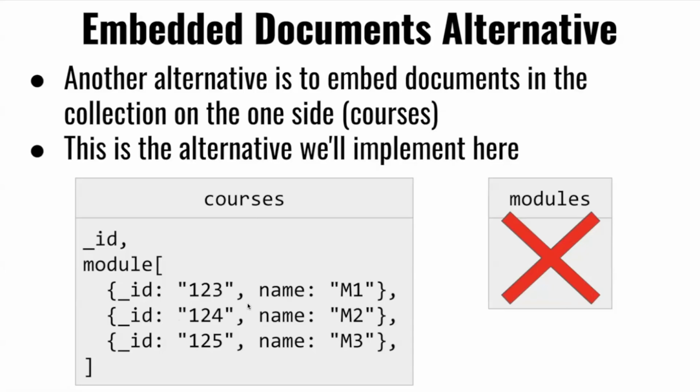Now, we'll see a little later that it is not always possible to make this design choice of embedding the data of one collection inside of another. For instance, in the example of enrollments, we'll see later that it would actually be a bad idea to try to implement this embedding. So this is a choice that we're going to go with: embedding modules inside courses.